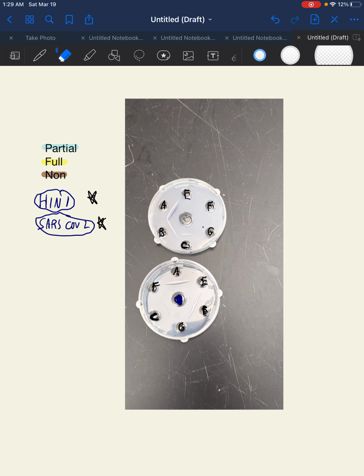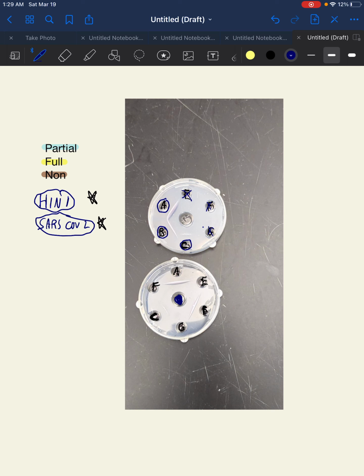So, for example, with this being said, we know that A has COVID, B has COVID, and C has COVID. And we know that E, F, and G have H1N1 or another pathogen in question. But most likely, since we only had H1N1 and SARS-CoV-2, we can determine it's just H1N1.